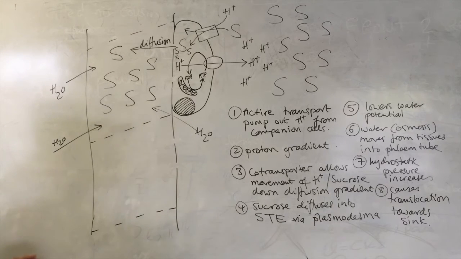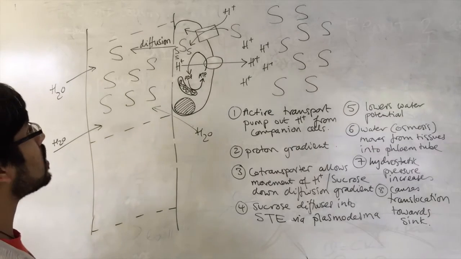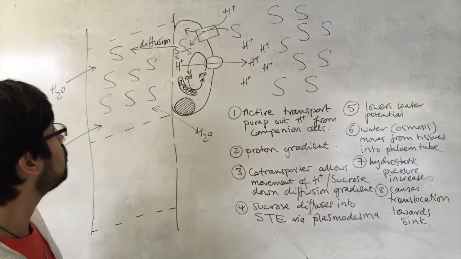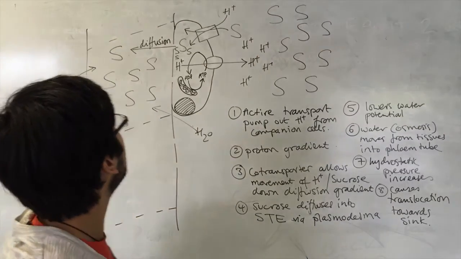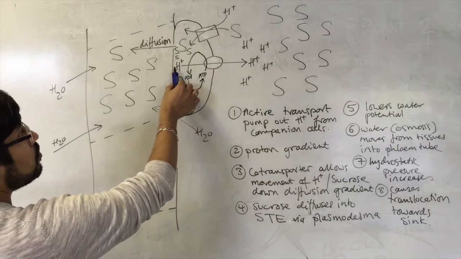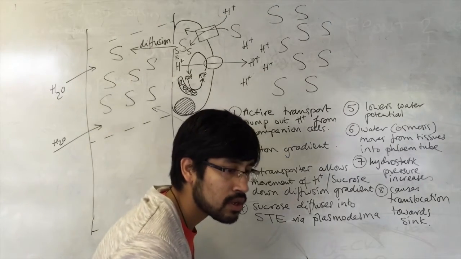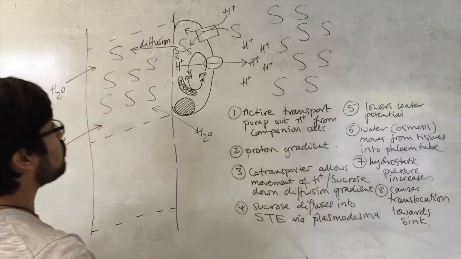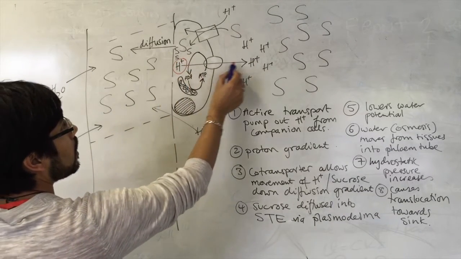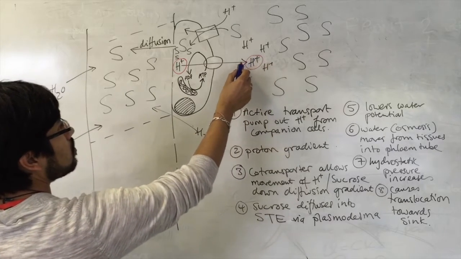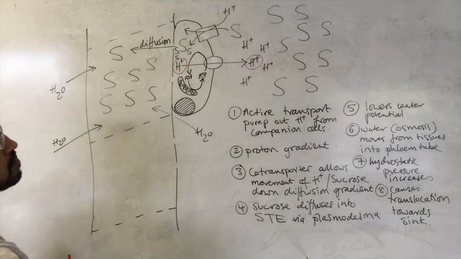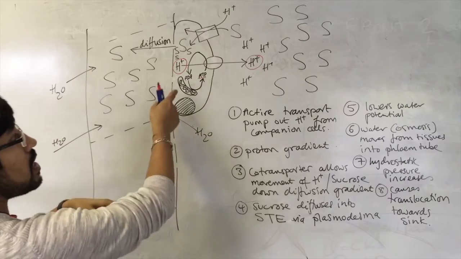Okay, now let's just do a quick recap. And maybe it might help to be numbering the stages. So, first of all, we had the movement of protons out of the companion cell by active transport, as shown by this use of ATP. So that needs energy, therefore we have the mitochondria.